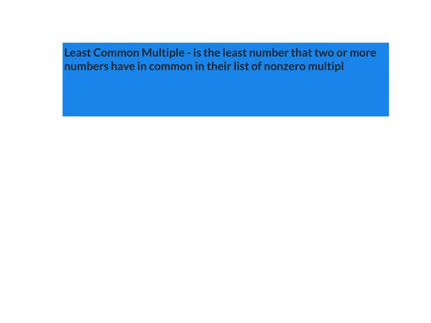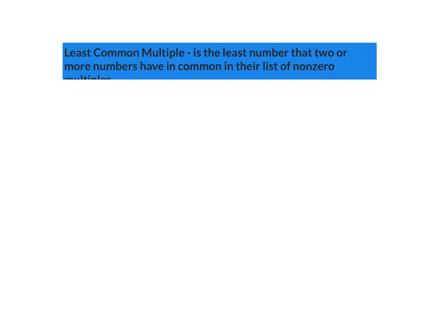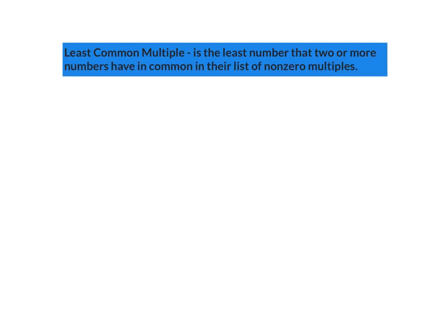Should have had you do this first, but I didn't. So put that in your journal so you know what the definition of least common multiple is. That will help you find your least common multiples when you do it.